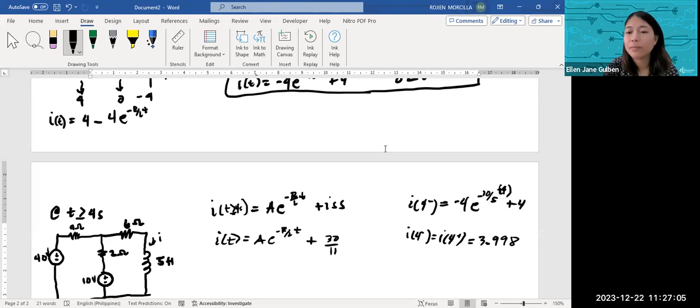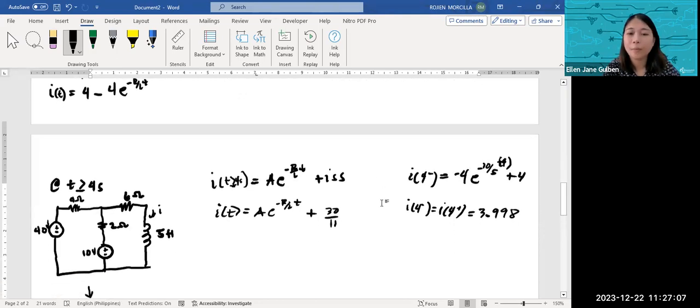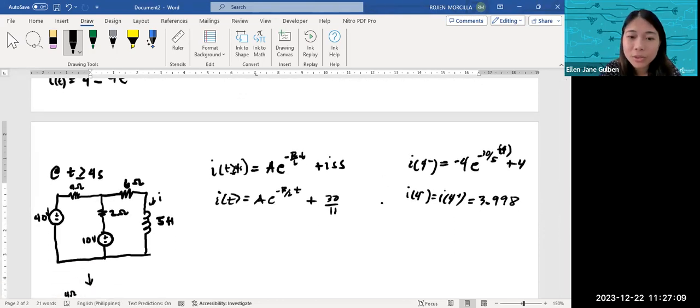Okay, so we will use that here. I at 4 minus, I at 4 plus, because it's already on the switching time, A e to the negative. Okay, we have a different R right here. How much is our R?